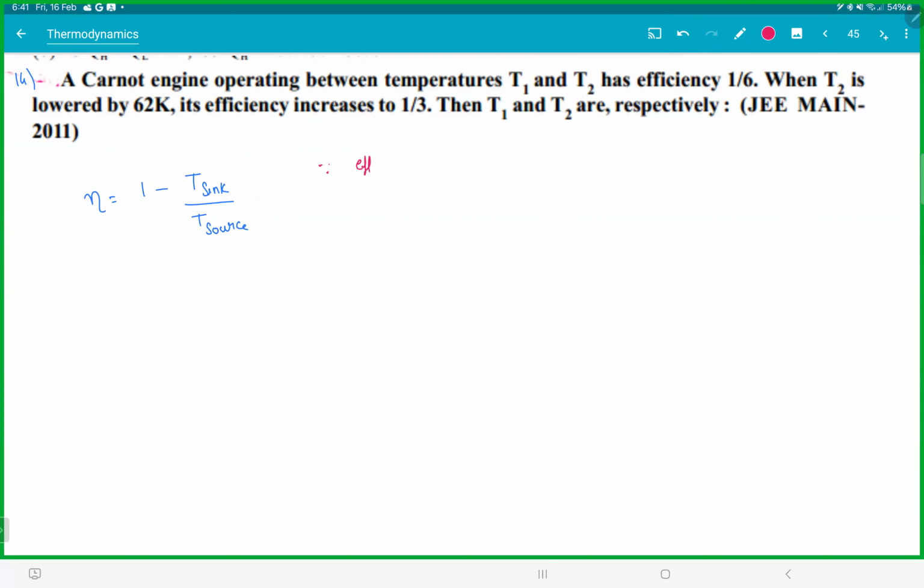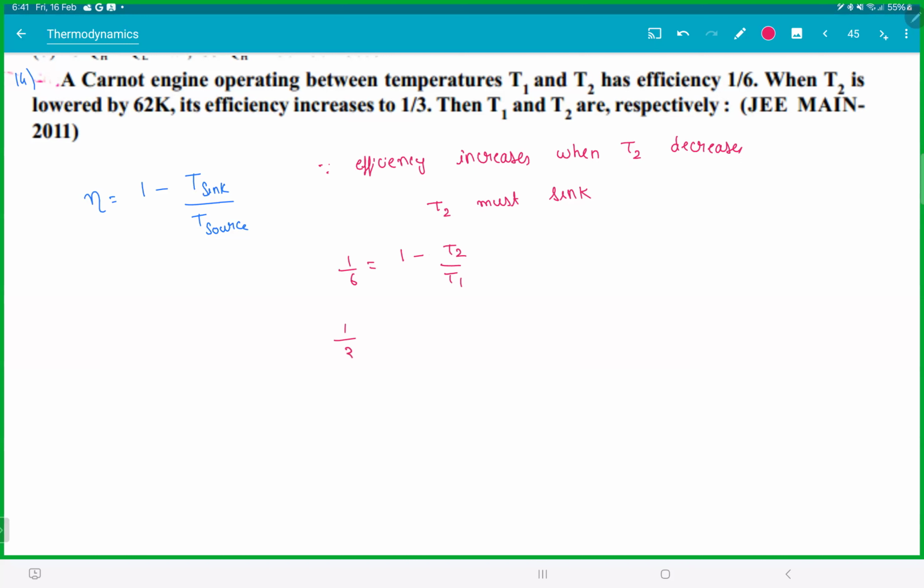Since efficiency increased when T2 decreased, T2 must be sink. That is the first thing you need to figure out, who is the sink and who is the source. So initially efficiency is 1 by 6, which is 1 minus T2 by T1.